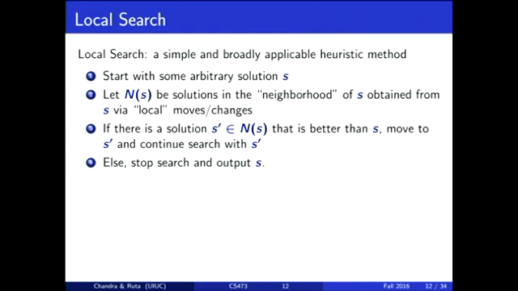Maybe your heuristic did something funny and gave you a non-minimal solution. You should at least check that. That's the first step. The second step is, maybe I can drop two vertices and add one vertex and still remain feasible. That's called a local move, because I'm just doing simple moves which I can do in polynomial time.